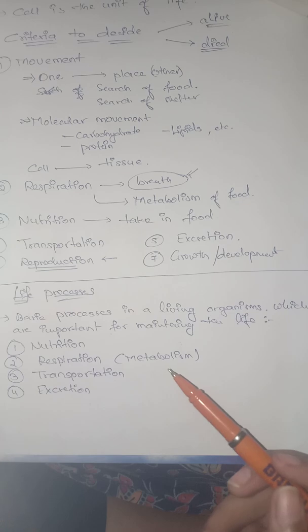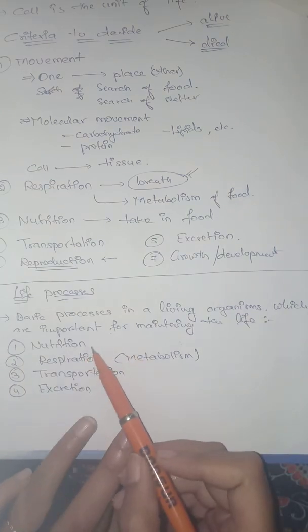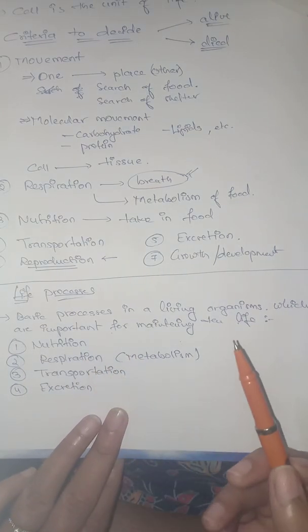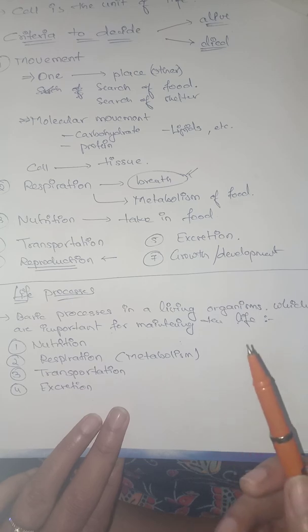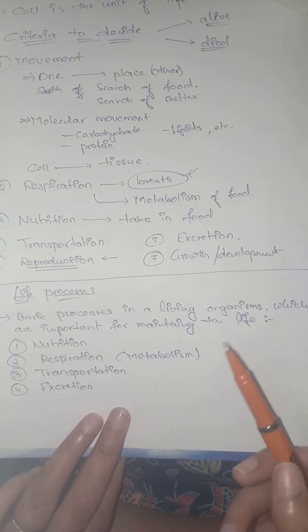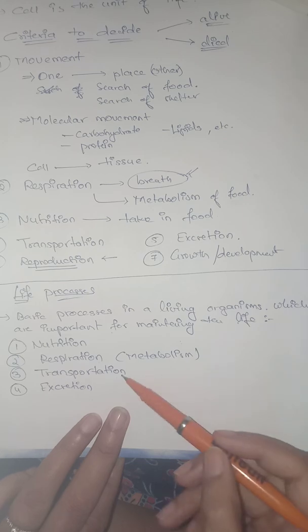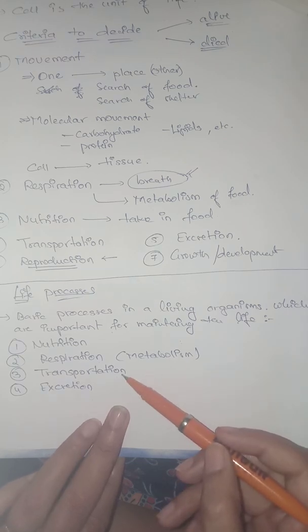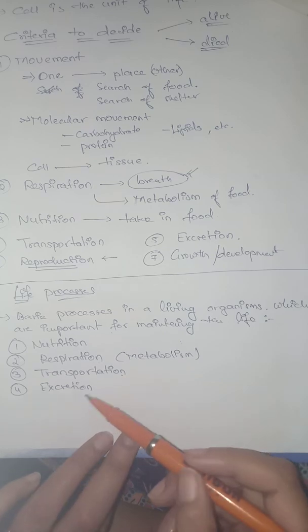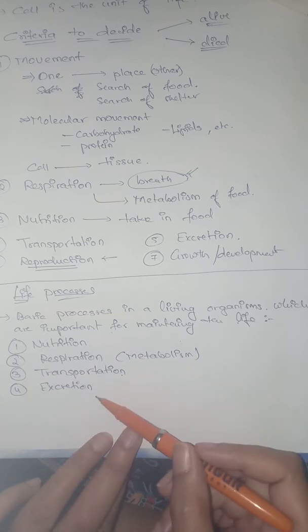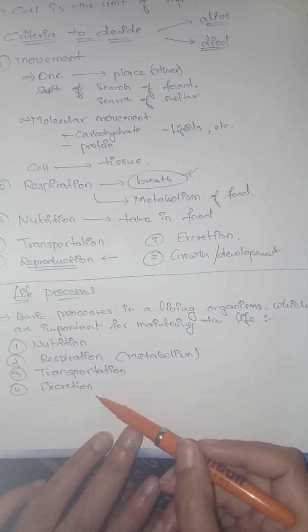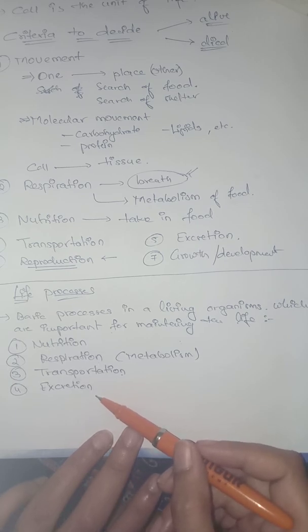And apart from that also we will study the nutrition part in the plants also, that is the photosynthesis and the mode of nutrition. We will even see the exchange of gases in the plants. We will see the transportation, that is transport of water and minerals in the plants. And also the excretion, or what we call as the removal of some waste which can be occurring in the plants.